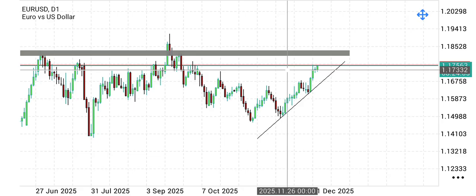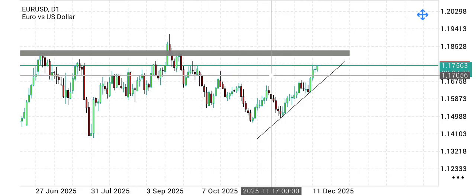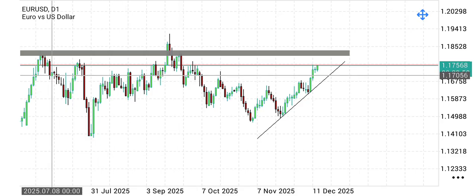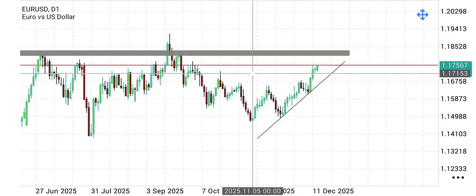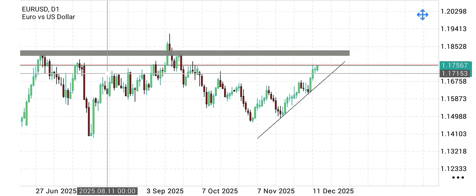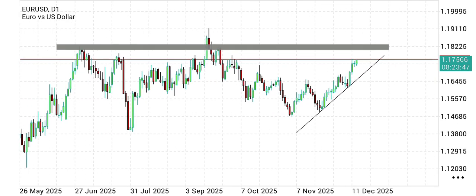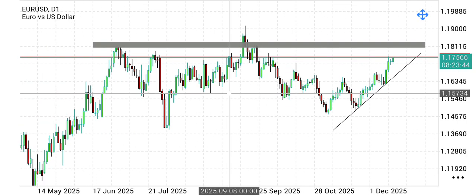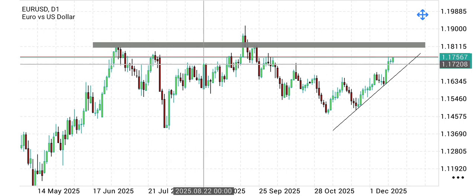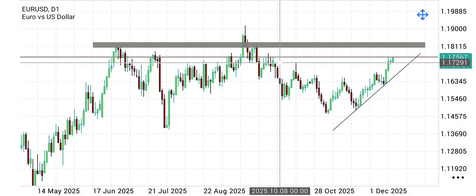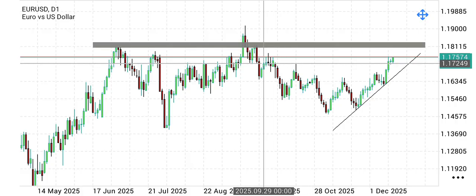Because I don't like to draw so many resistance and support zones, I look for critical zones where I can hop on and take my trades. I know that around these areas, the market was rejecting this area. As you can see right over here, we have multiple rejections. How many rejections?